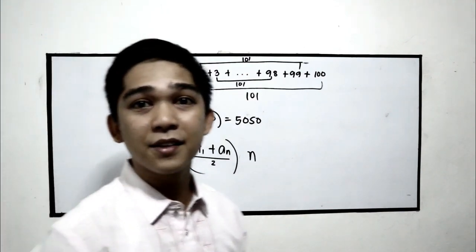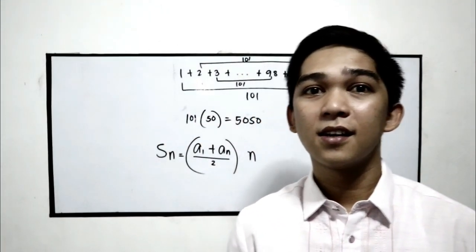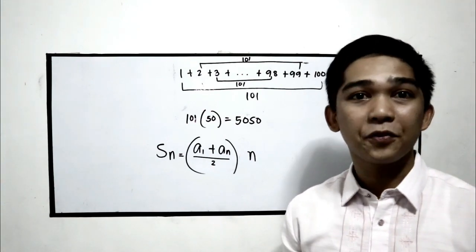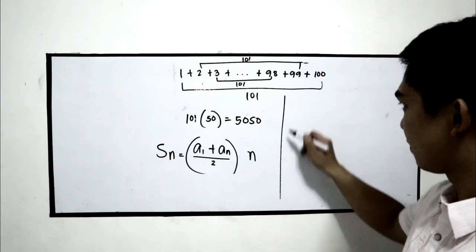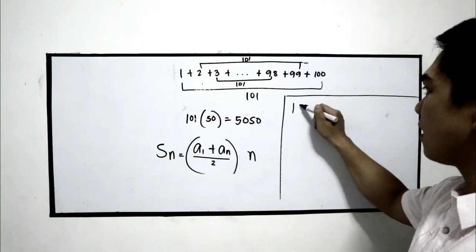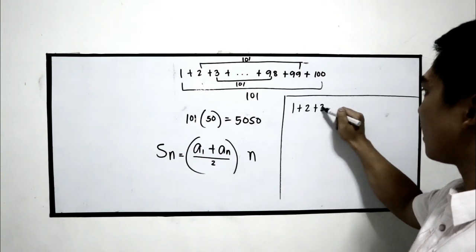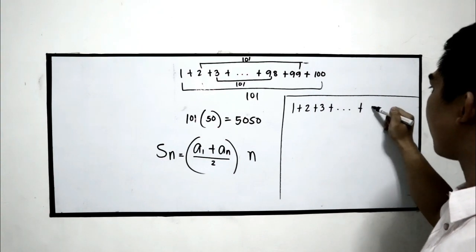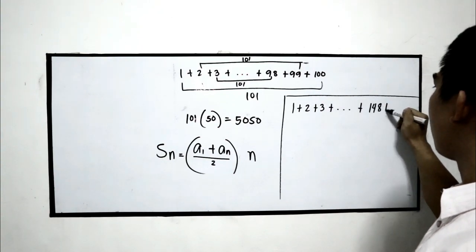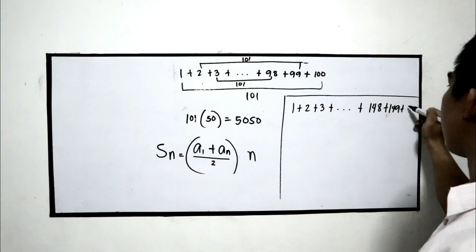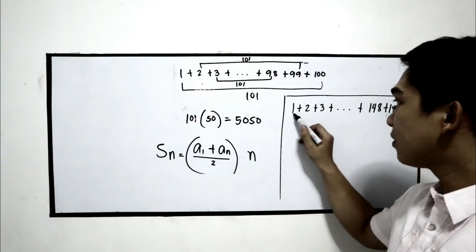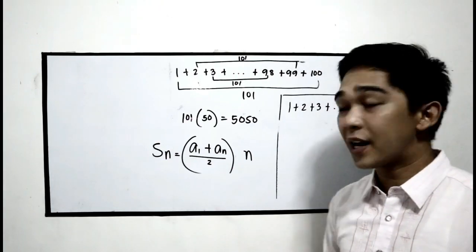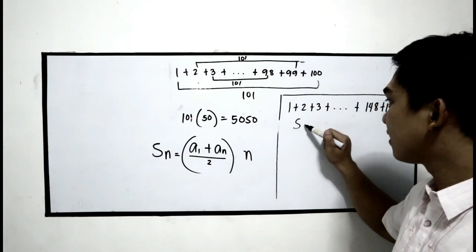Now let us find the sum of the first 150 counting numbers. So that is 1 plus 2 plus 3 plus the ellipsis plus 148 plus 149 plus 150. Following the formula, we have the Sn.